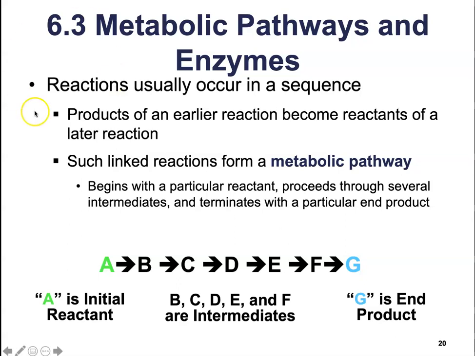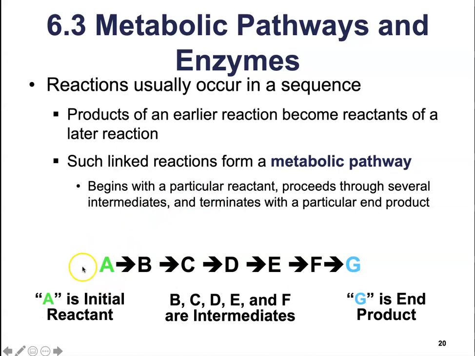So products of an earlier reaction become reactants of a later reaction, okay? And so these reactions are linked and they form something called a metabolic pathway, all right? This is illustrated down here. It begins with a particular reactant.